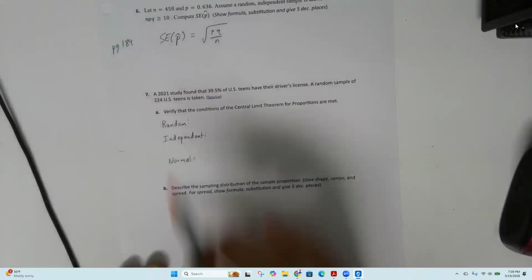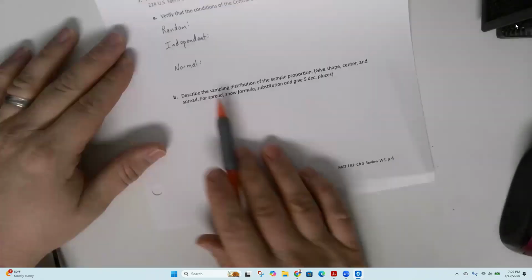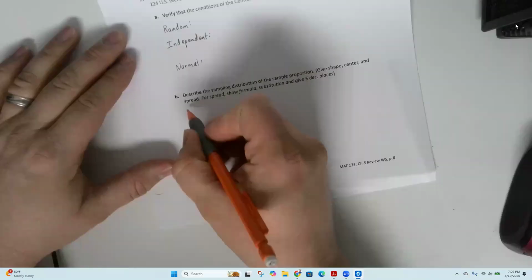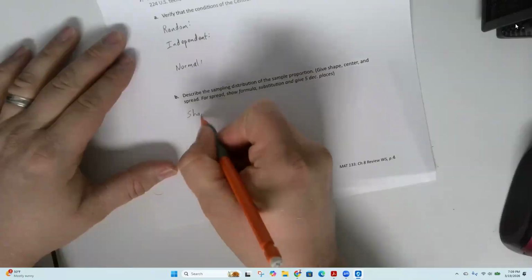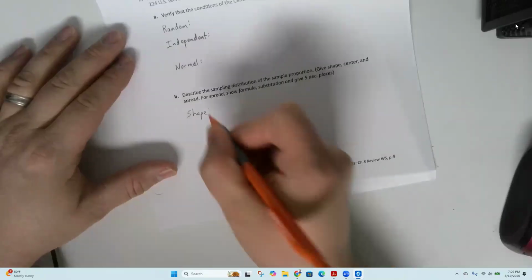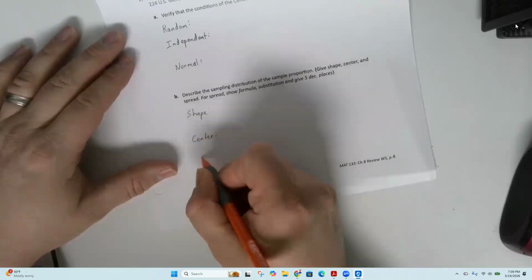And then if we get 3 yeses, that means the central limit theorem is satisfied and we are able to talk about the shape of the sampling distribution. We're going to talk about the center and the spread.